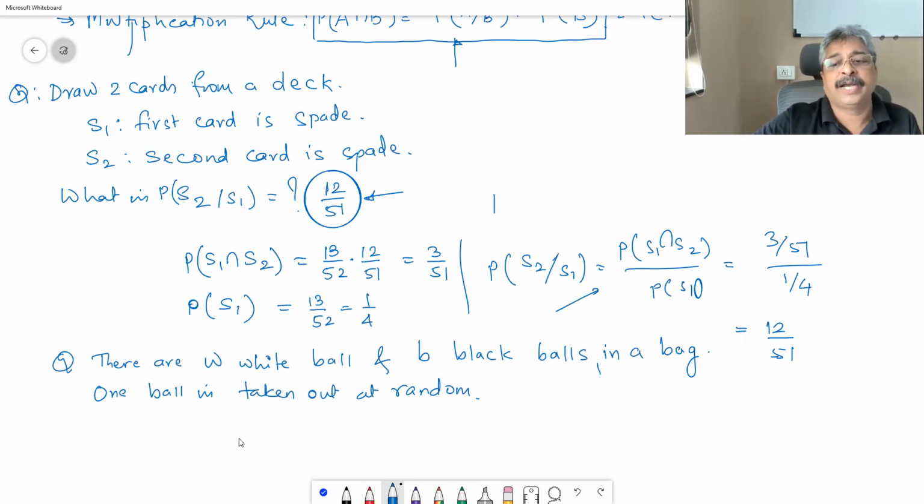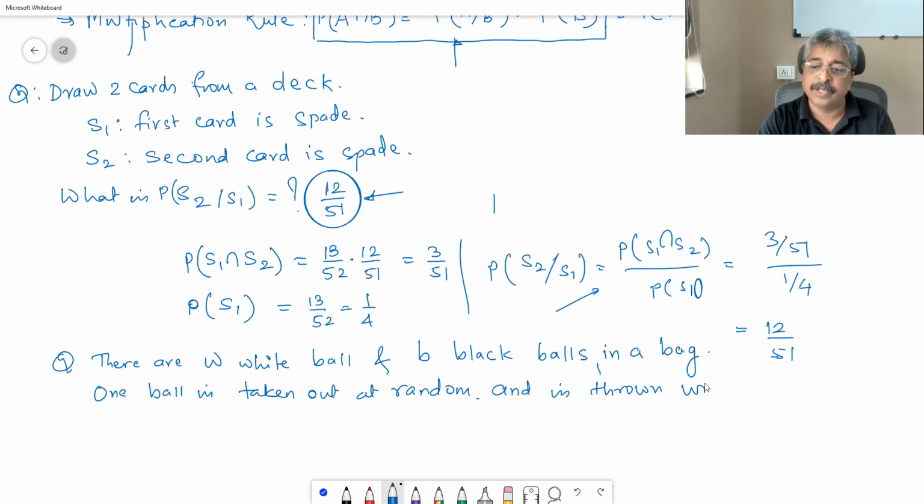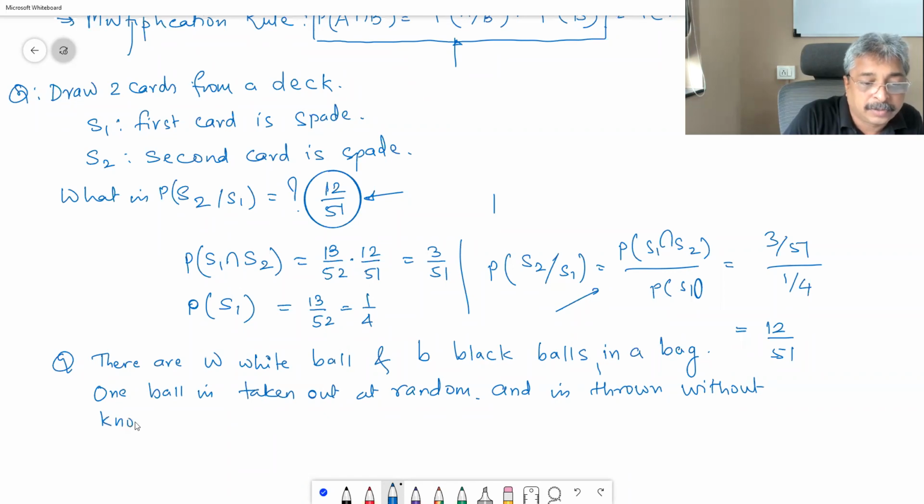We have just put the hand inside the bag and taken out one, and it is thrown without knowing the color of the ball.